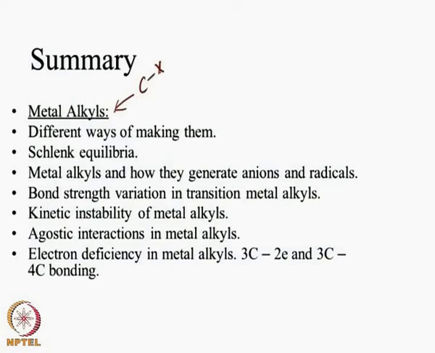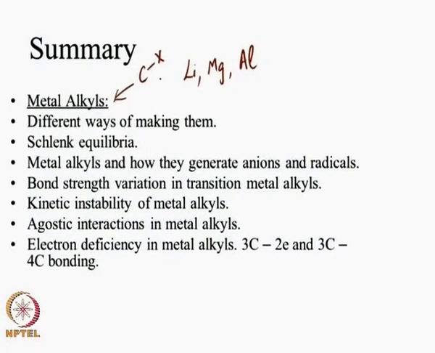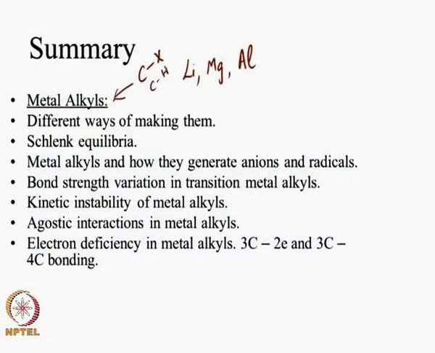You make the metal alkyl species using a very electropositive metal, in this case lithium, magnesium or aluminum. Then, from these electropositive elements, you can transfer the alkyl groups to the transition metal.